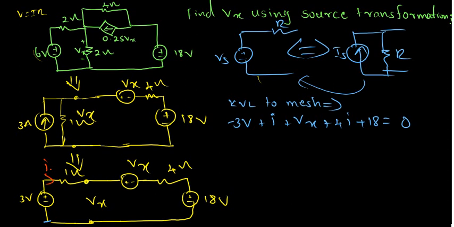When we solve this, 15 is equal to minus 5I minus Vx.